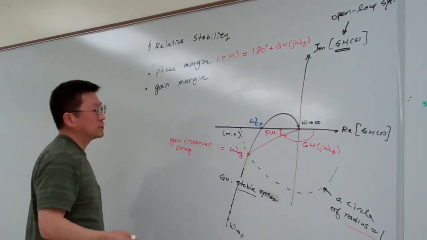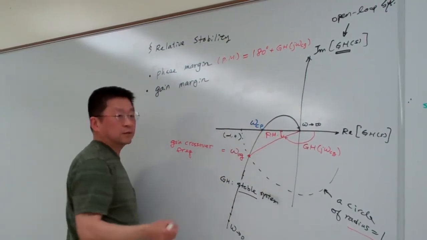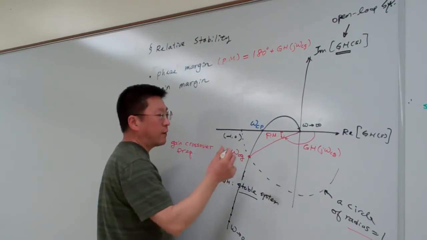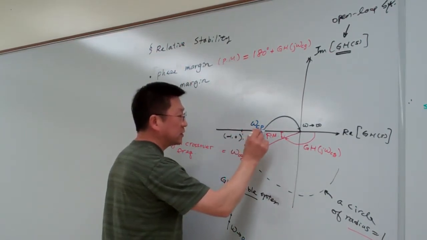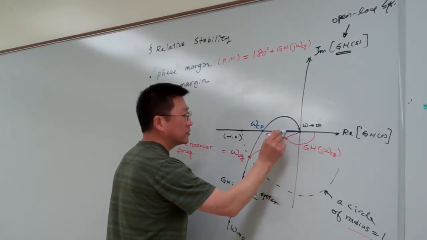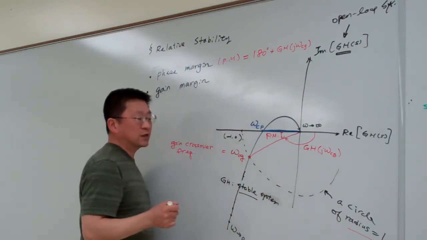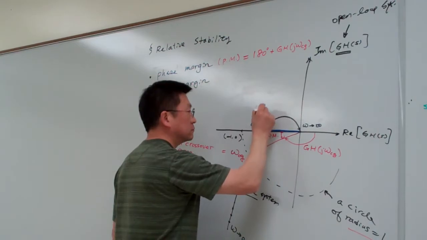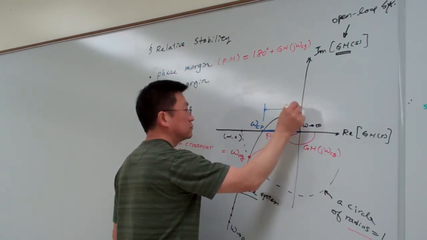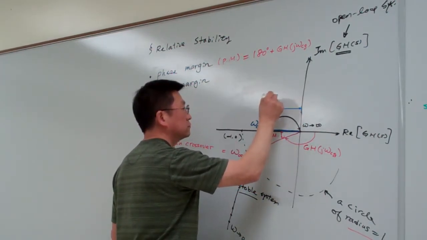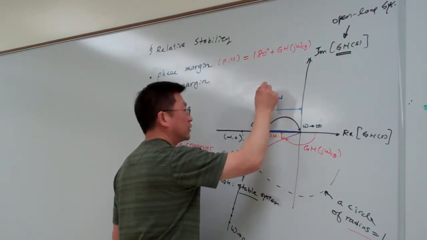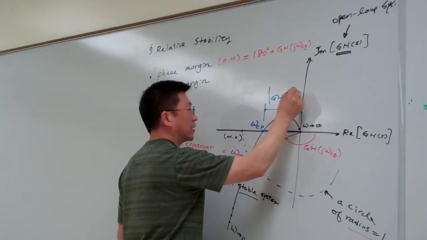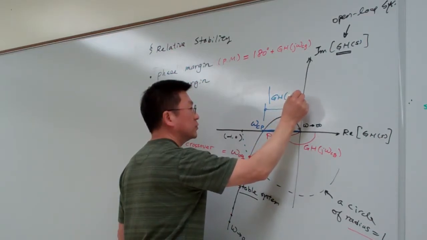At this particular frequency, we will be able to know the magnitude. So basically, we link from here to here. This gives us the magnitude of the GH, the magnitude of the open loop system, which is taken at omega CP.